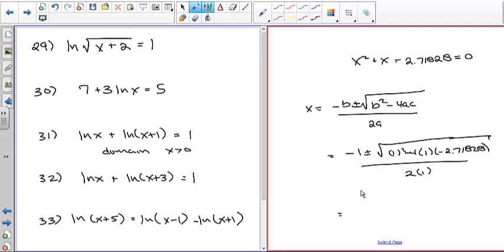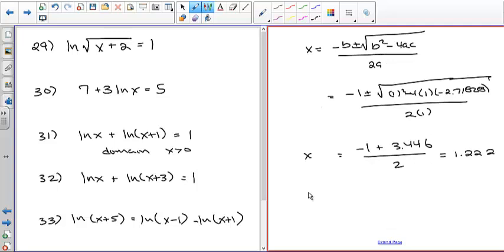So I get negative 1 plus 3.446 divided by 2. So 3.446 minus 1 divided by 2 is 1.222. Again, I don't use the negative because I then end up with an x that's negative.